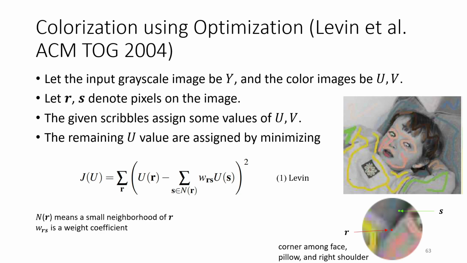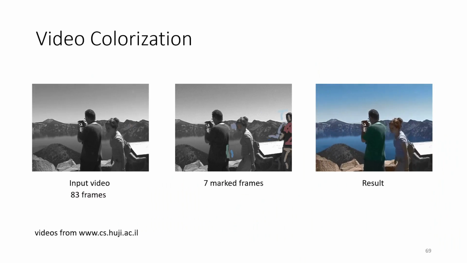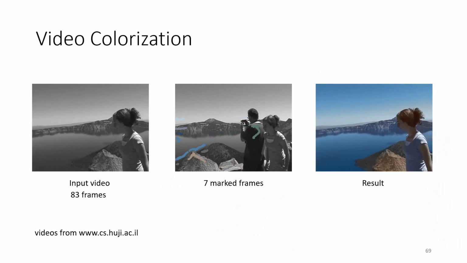But for a video, you can imagine it is three-dimensional data. So given a point, you can design a region including a few frames before and a few frames after. That's the reason he created the video colorization.